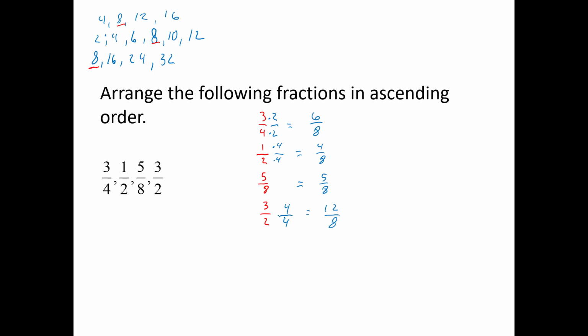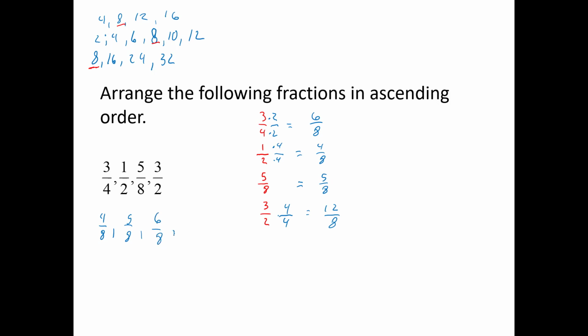So in ascending order, we are now just comparing the numerators because all the denominators are the same. 6, 4, 5, and 12. So 4/8 is the smallest fraction. And then 5/8. And then 6/8.